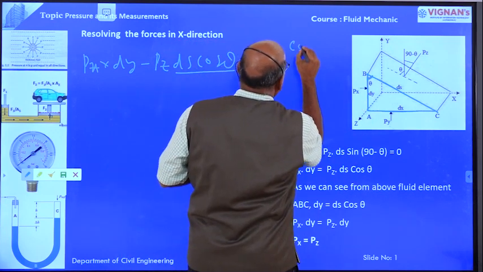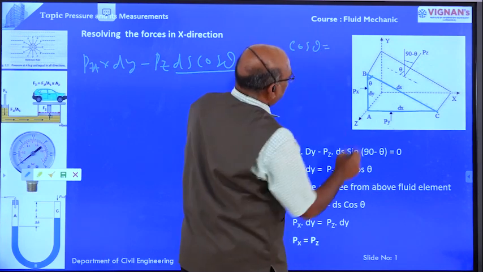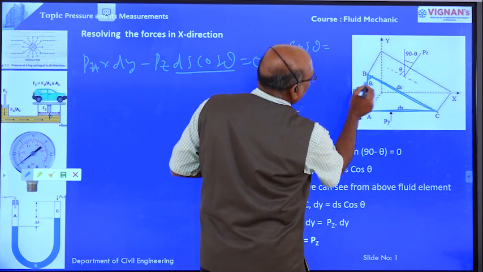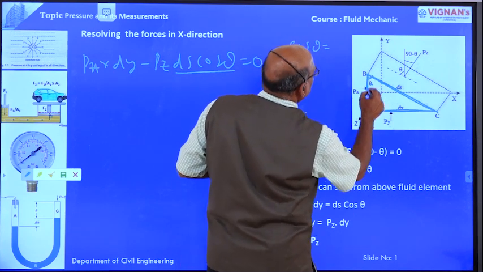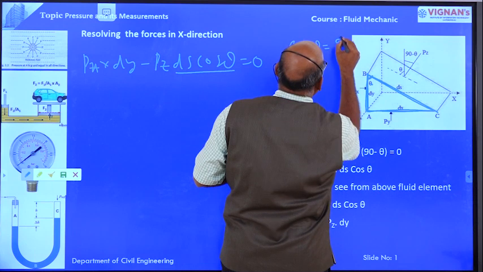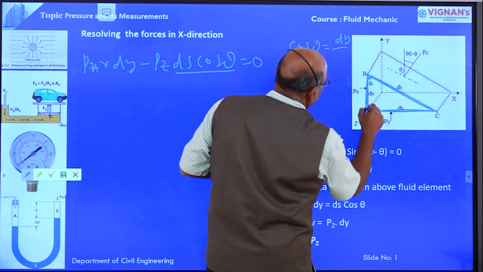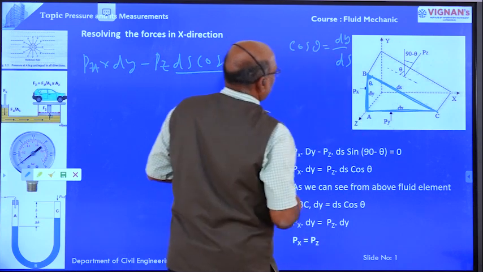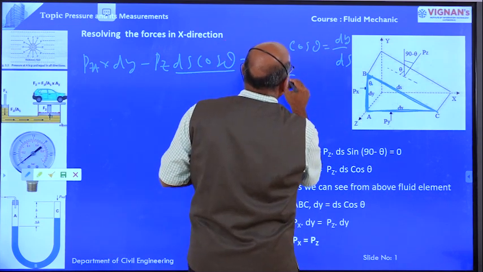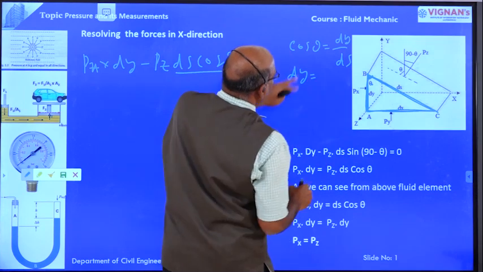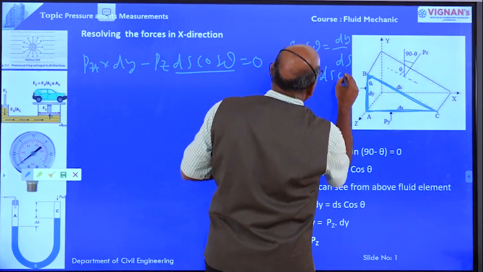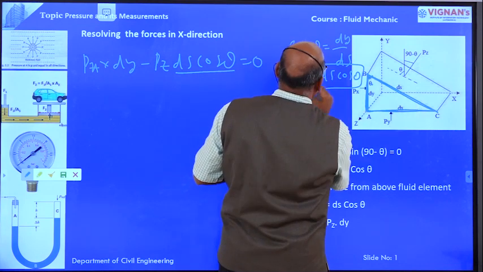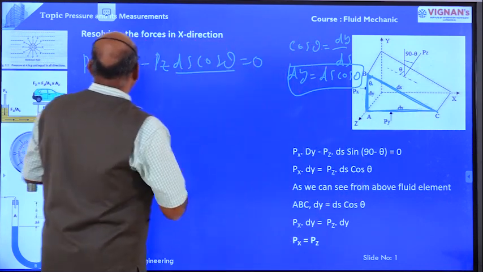Now cos theta equal to, from this triangle, cos theta equal to adjacent side, say this is dy, adjacent side dy divided by hypotenuse, that is equal to ds. Therefore dy is equal to ds cos theta. From this triangle dy is equal to ds cos theta.